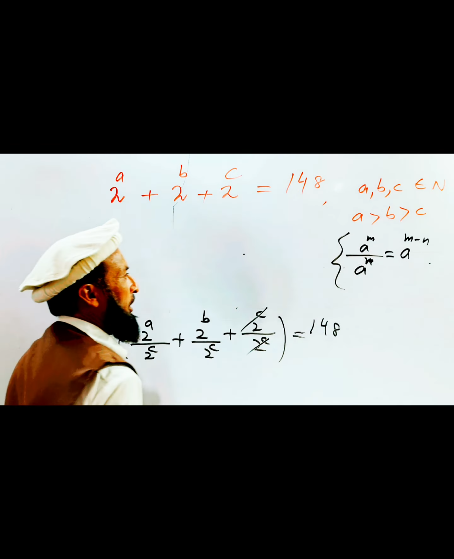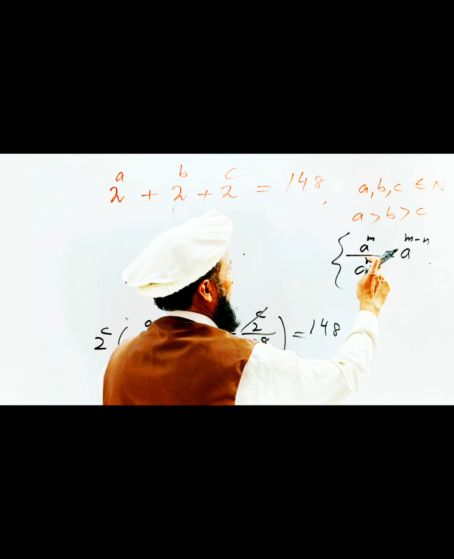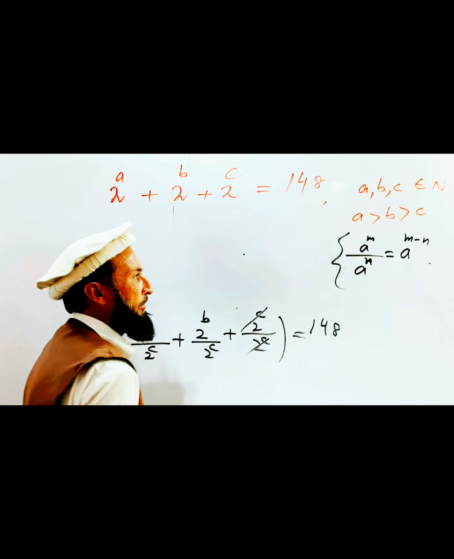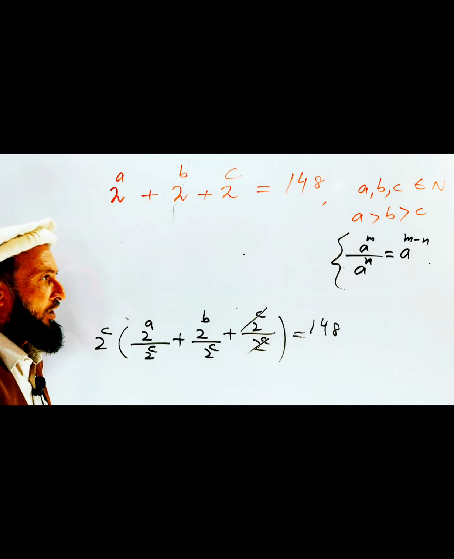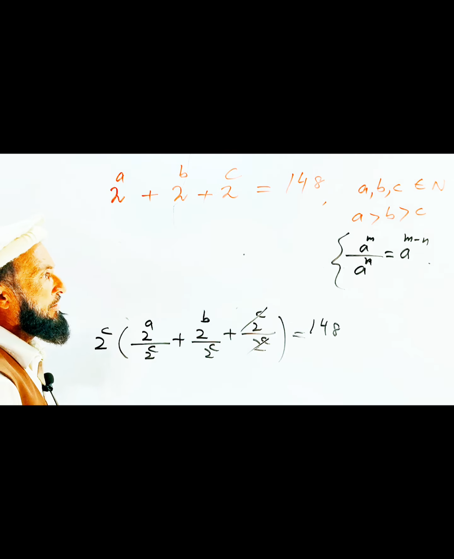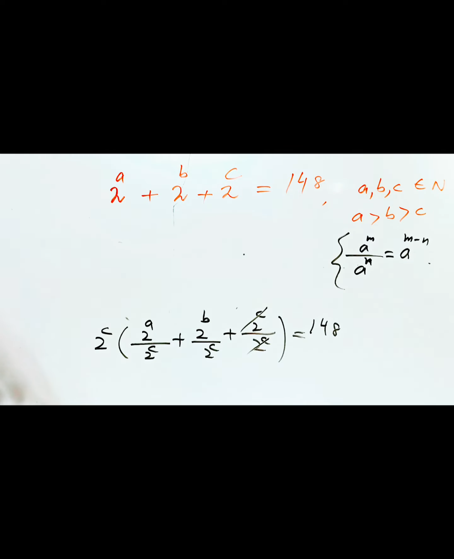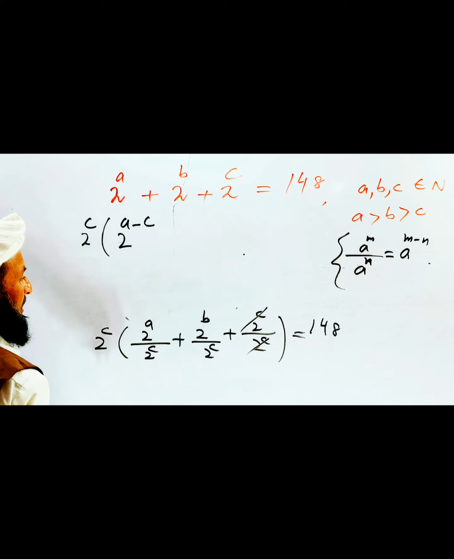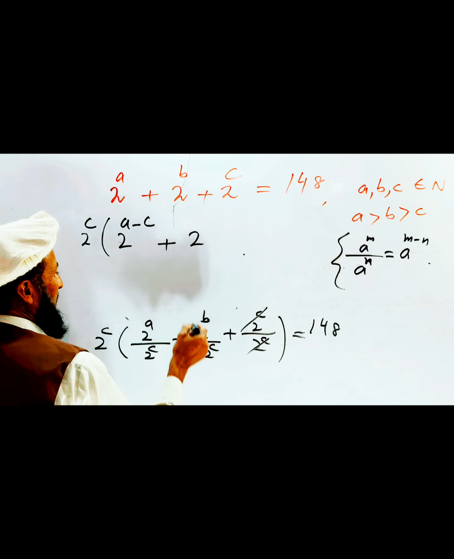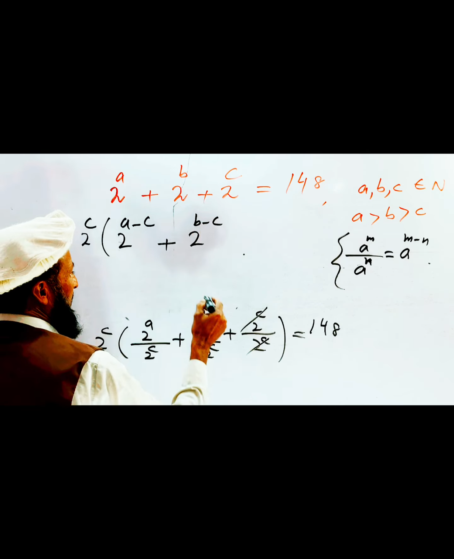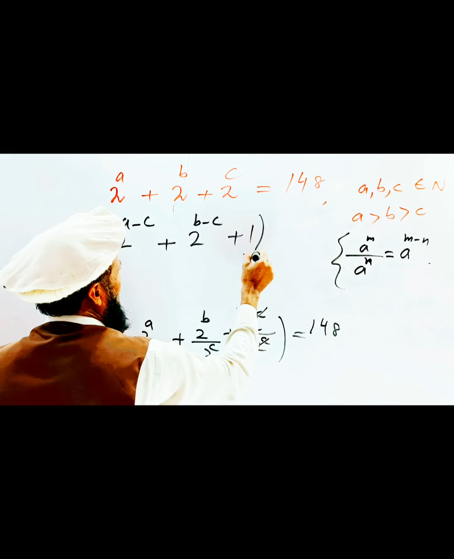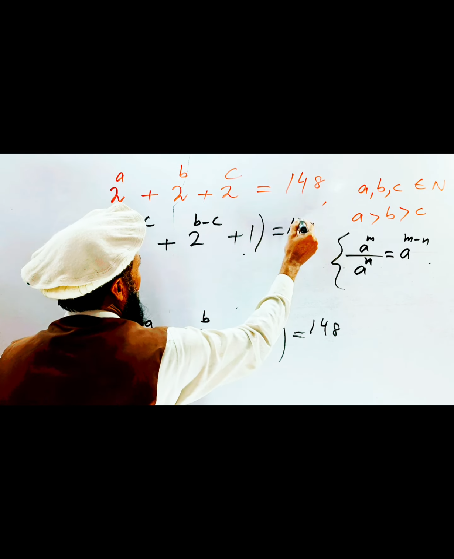According to this property of exponents, a exponent of m divided by a exponent of n, we take one base and subtract the powers. Here the base is 2, so we take one base and subtract: a minus c. Similarly, b minus c, plus 1 is equal to 148.